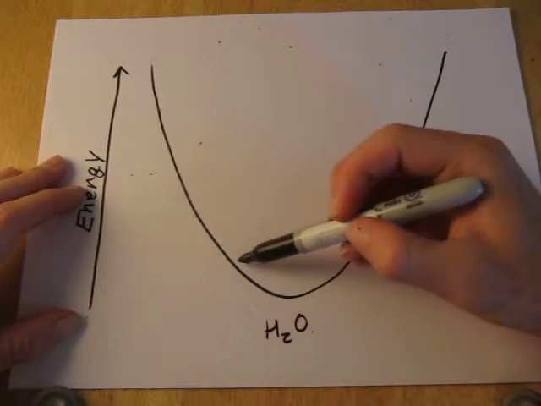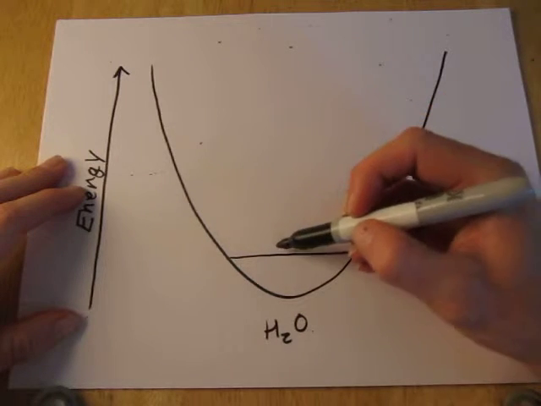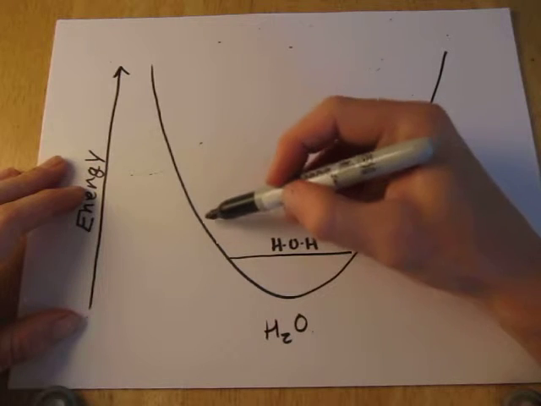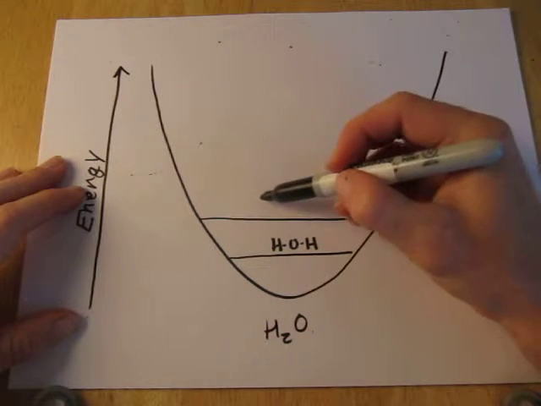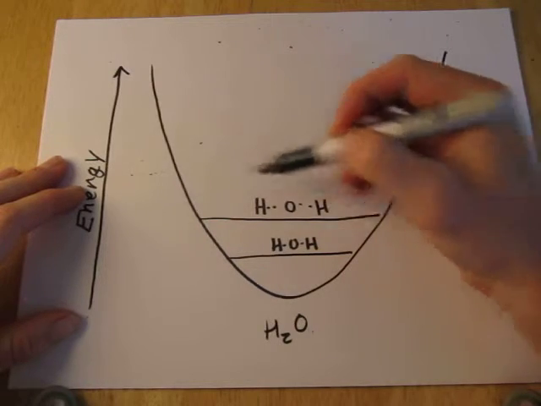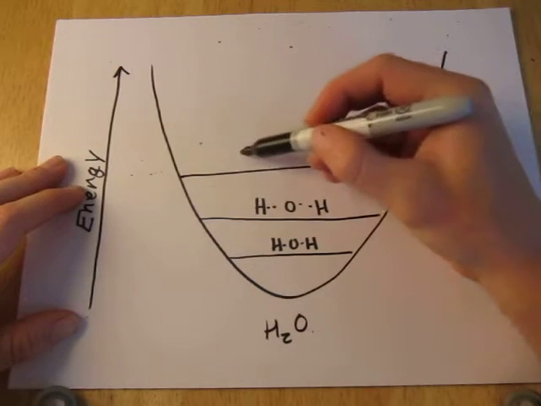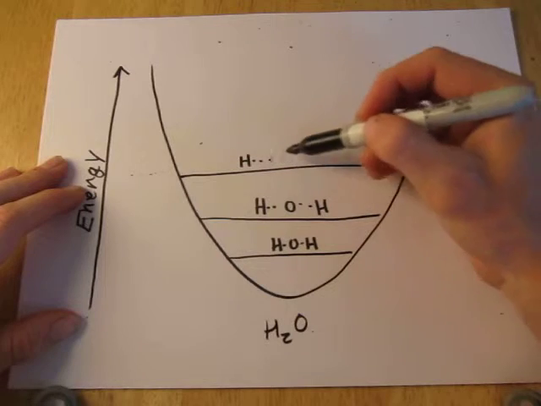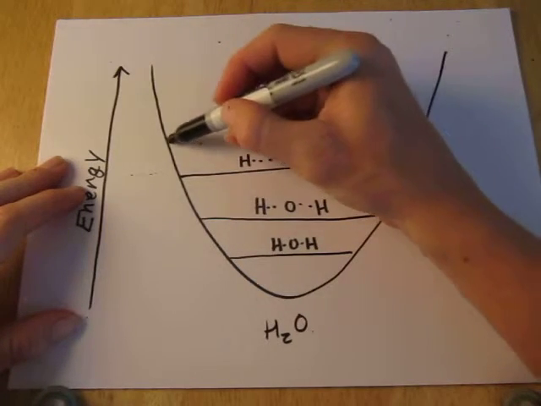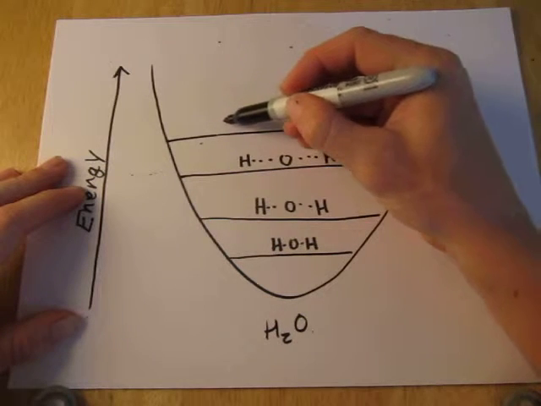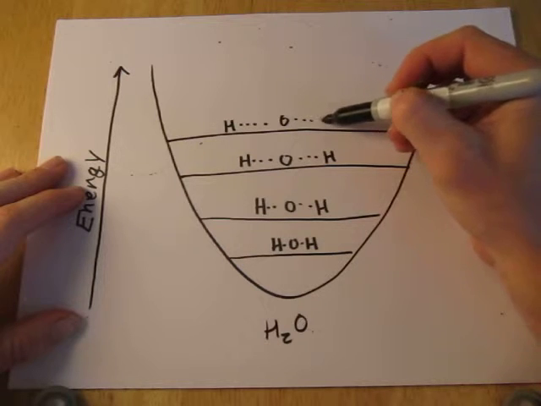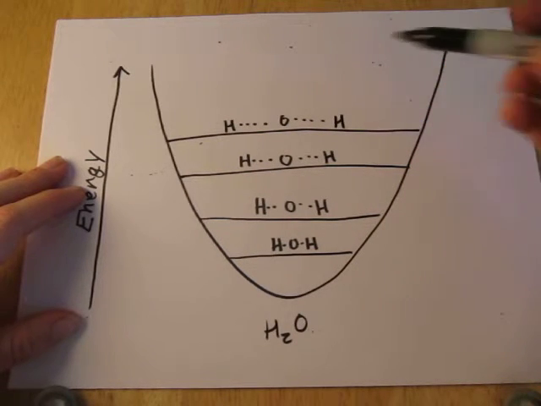And as you go up in the energy well, you get more vibrational energy in the bonds. So the higher you go, the more reorganized the bond is, the longer it is, and the weaker it is.